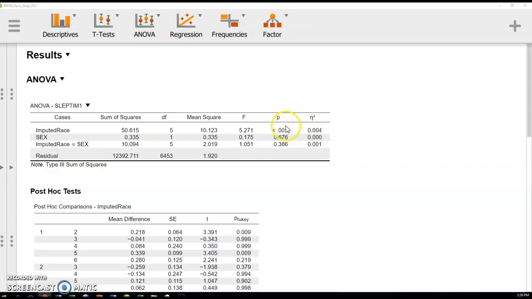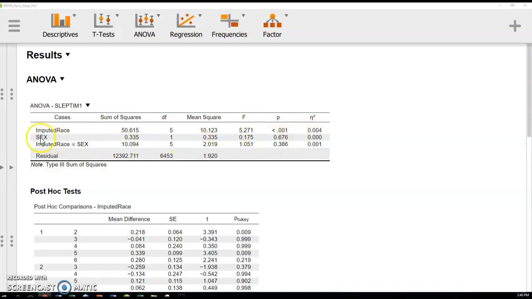In other words, the lower the p-value is, the more evidence there is against the null hypothesis. The null hypothesis here being that all of my 6 race categories get the same average amount of sleep per night. So that's pretty clearly not true, even though it's not a huge effect.